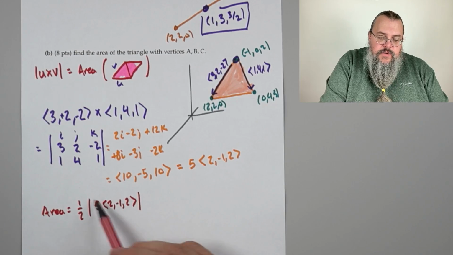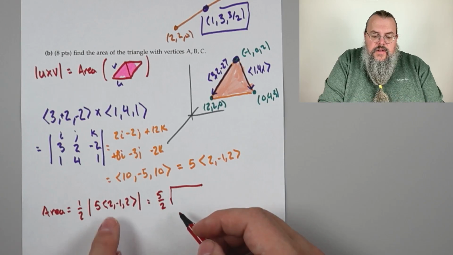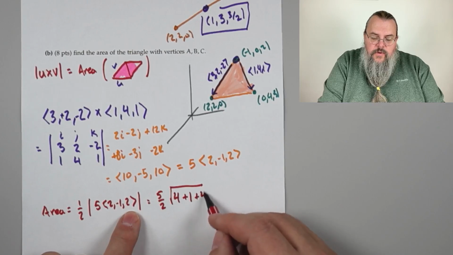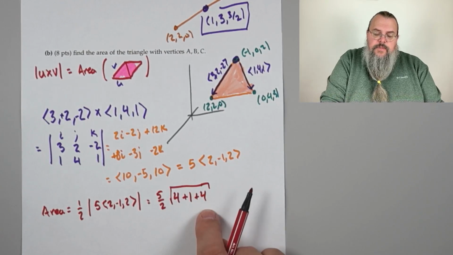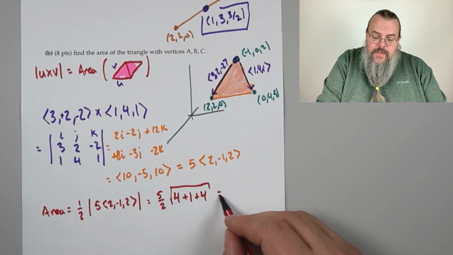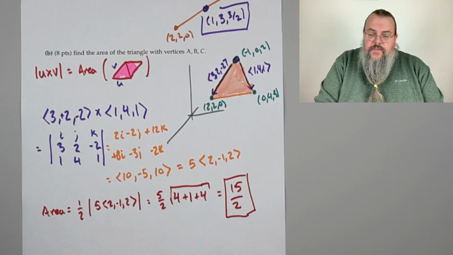Well, of course, you can pull the 5 out. So that's 5 over 2, square root. And then you square each entry. 4 plus 1 plus 4. Well, 4 plus 1 plus 4 is 9. Square root of 9 is 3. So this becomes 15 over 2, and that's your answer.